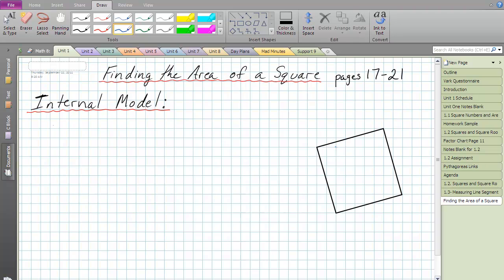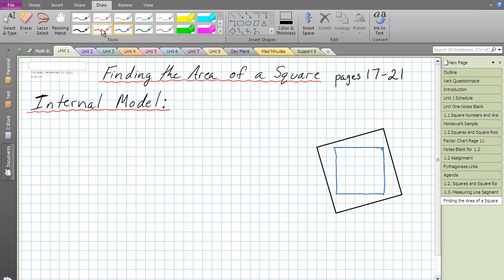So we'll just kind of go like, if we draw a line right down here and across and up, right, we get ourselves a square inside the square.